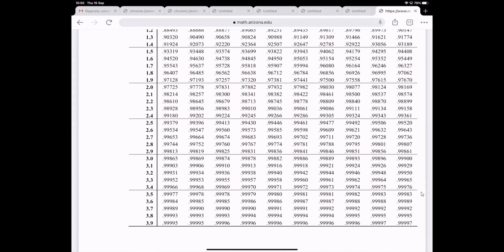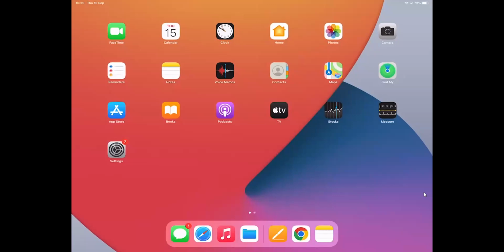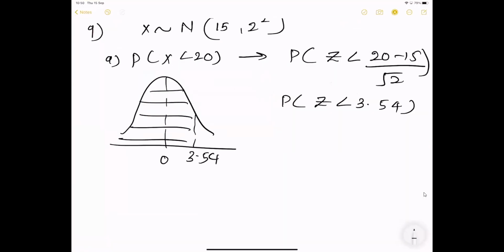In your final exams, values may definitely be less than 3.4. So that one should be 0.9998 something, or you can write it as approximately equal to 1.